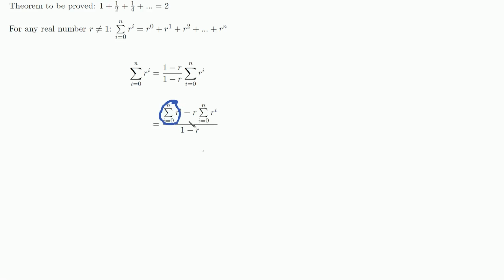But on the right side, we have minus r times the series. This is the same as if you take this r and put it into the summation sign. What you'll get is every r to the i times r will just become r to the i plus 1. So we basically shift every summand in the series by 1.